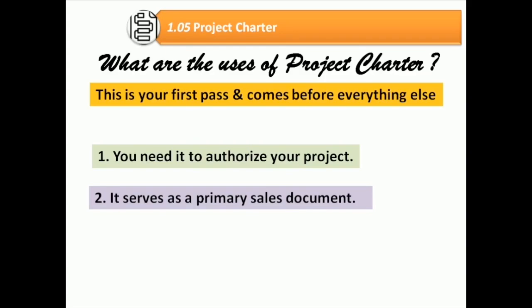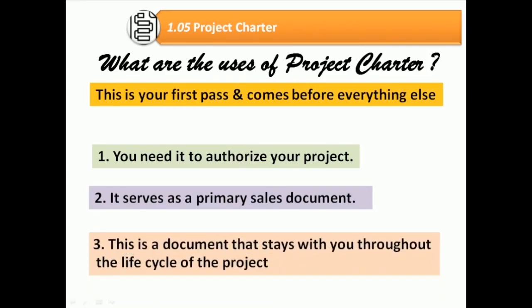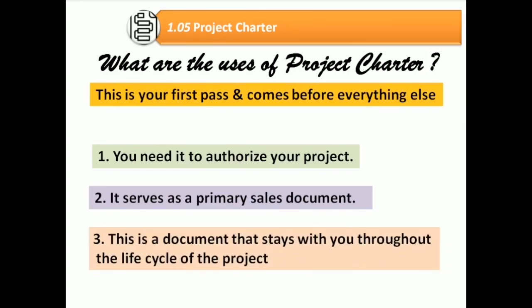So it's an excellent document that can help you to sell the concept to the key stakeholders that need to invest or have any interest with the project. This document stays with you throughout the life cycle, whether in meetings or whether you need any assistance in any scope management. This is like a roadmap.